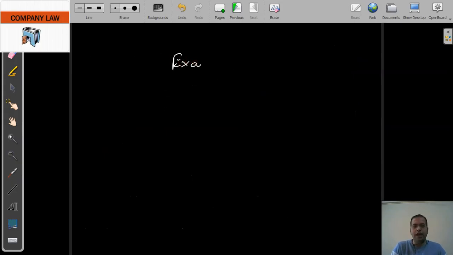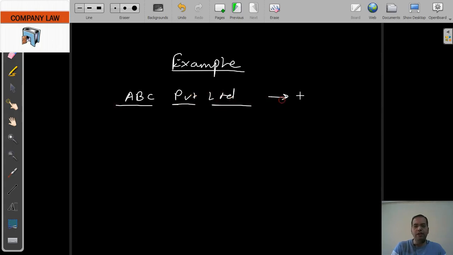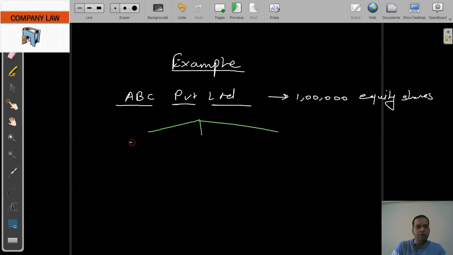Let's assume ABC Private Limited has issued 1 lakh equity shares, and there are 3 shareholders, A, B, C. Now A is holding 50%, B is holding 30%, and C is holding 20%.